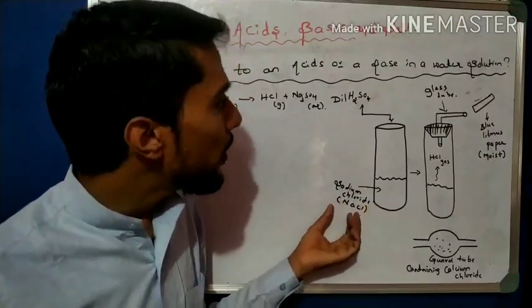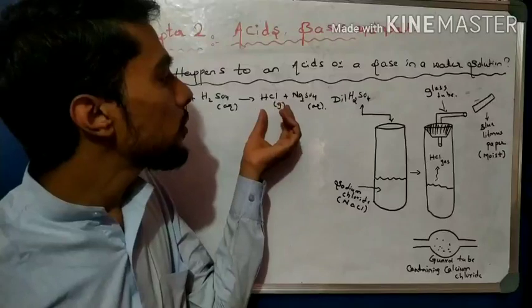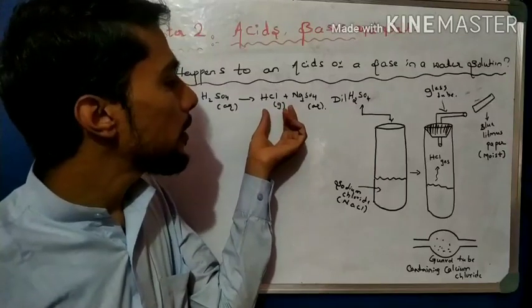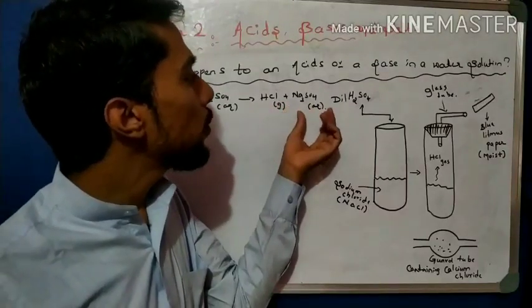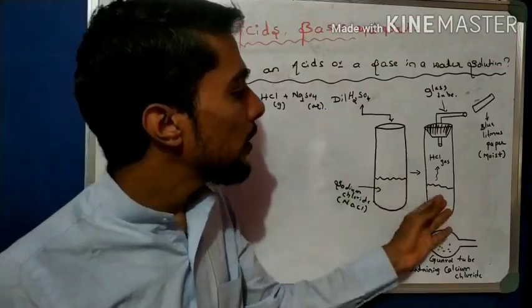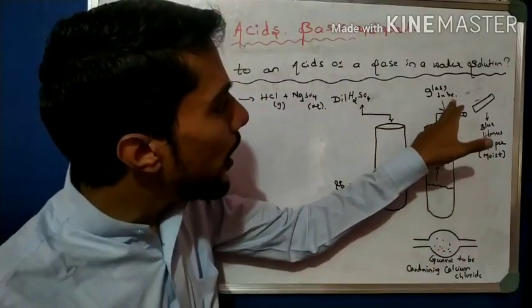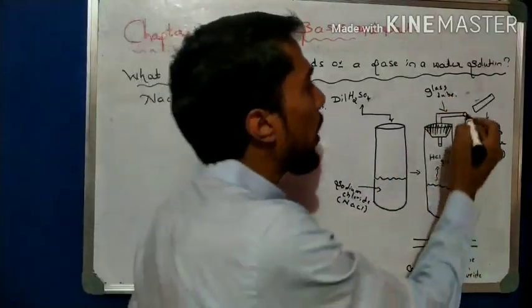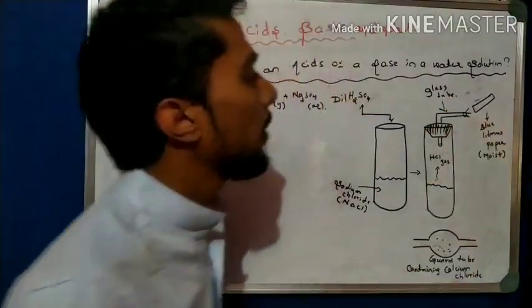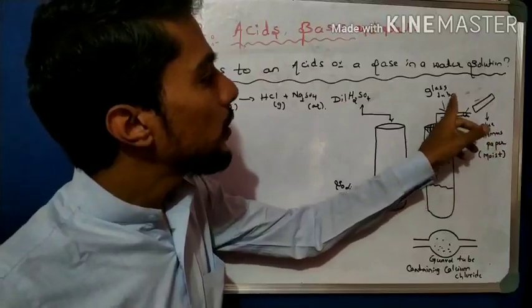The reaction takes place and forms hydrochloric gas and sodium sulfate salt in the test tube. That gas is passed through the glass tube.